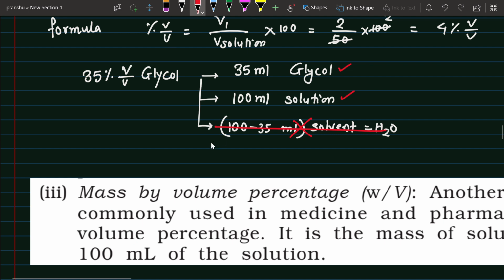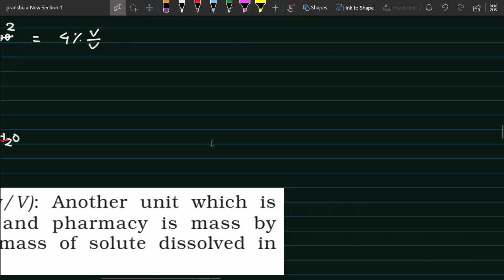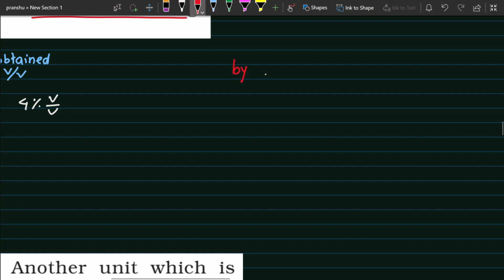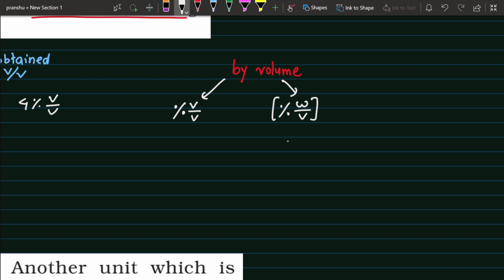Keep in mind. Now, if we have the term by volume, then we get two different data. One is the percentage V by V and second is the percentage W by V. Normally, if in the question nothing is explained about the term, then we will prefer this W by V. Until percentage V by V is provided in data, we will not use it.